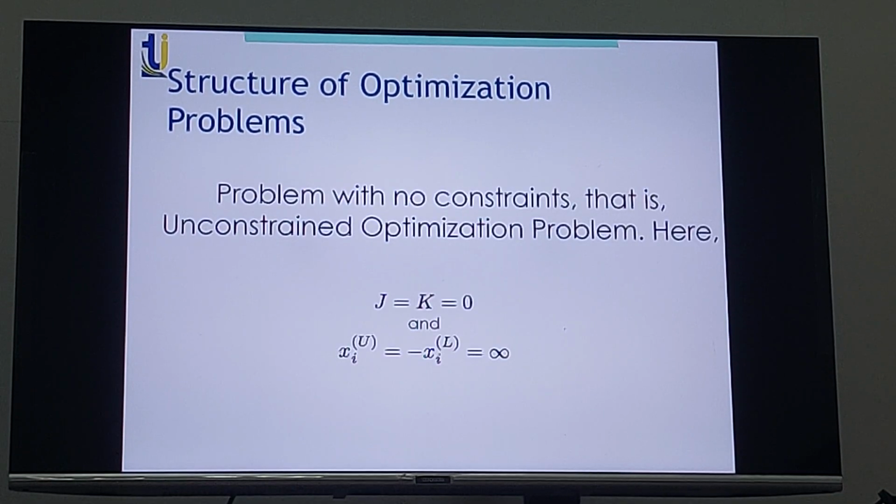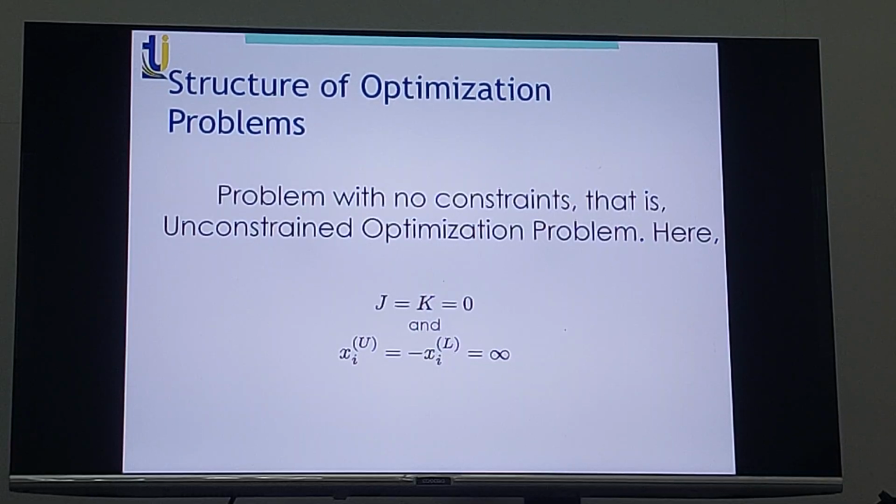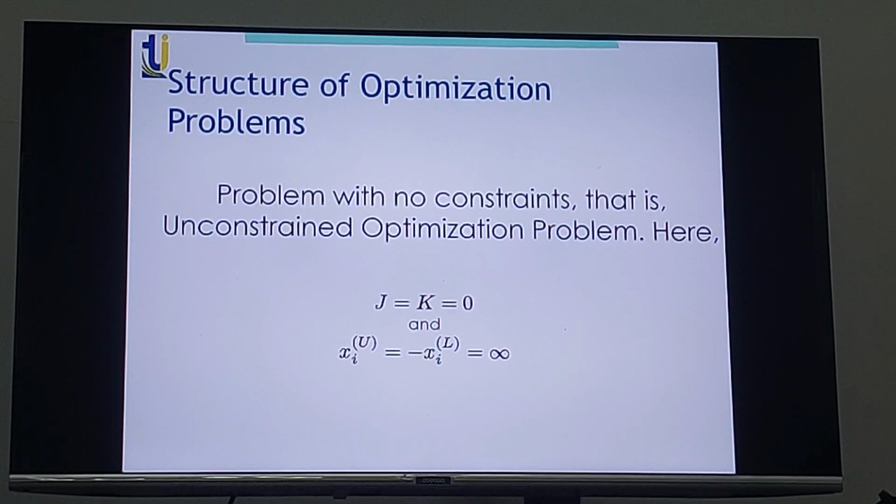So sometimes there are no constraints. An unconstrained optimization problem: what could be an example of the unconstrained? Is there anything that you can use freely in a factory? One example is the power time.